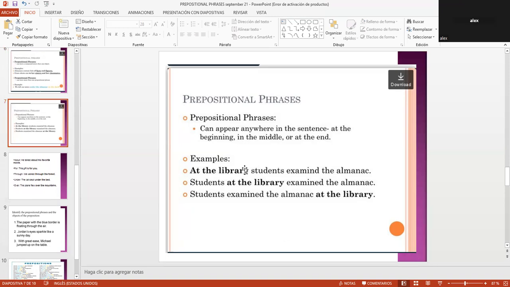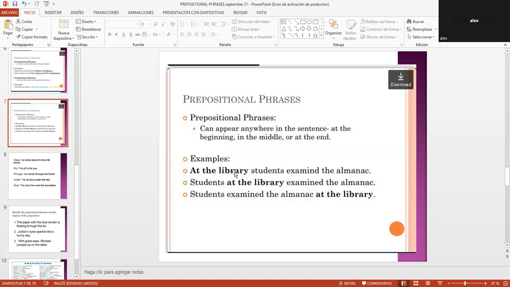Something else is that you can have the prepositional phrase at the beginning of the sentence. It could be after the subject, or it could even be at the end of the sentence, like this. Look, it is the same sentence, but with a prepositional phrase located at different places.